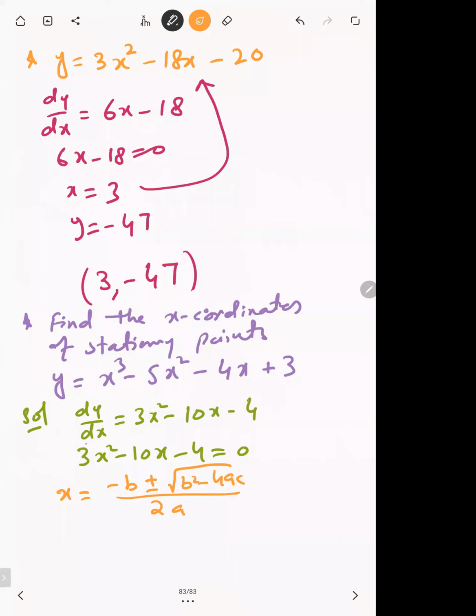So when you use a, b, c in this formula, your answers are x = 3.69 and the other answer is x = -0.361. So these two are the x coordinates of the stationary points.